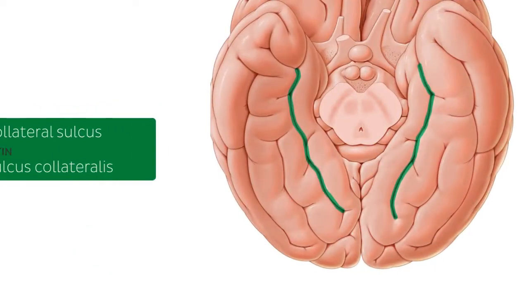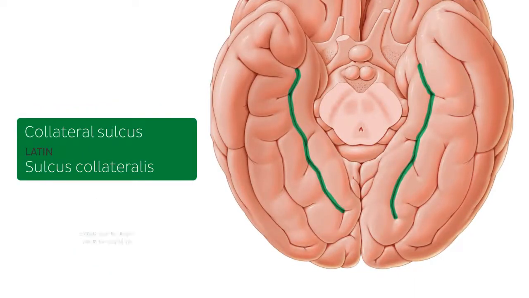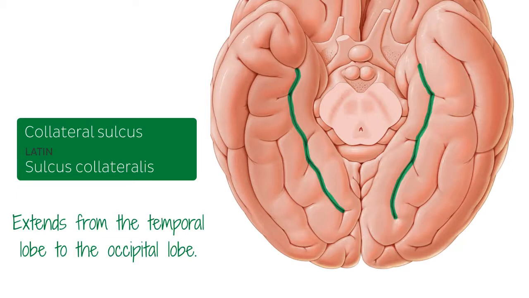This is then the collateral sulcus, which extends from the temporal lobe to the occipital lobe. It is bordered by the lingual gyrus postero-superiorly, and it lies between the parahippocampal gyrus and the medial part of the fusiform gyrus anteriorly.